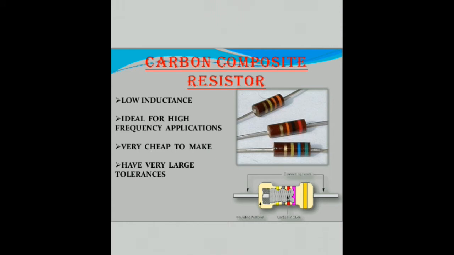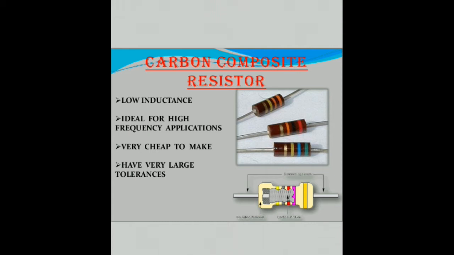You can see in the figure this is the carbon composite resistor. These are very old resistors, and you can also see the internal architecture of this resistor. The outside of the resistor is an insulating material, and the inside is a carbon mixture. There are two leads of the resistor, which you can see in this diagram.